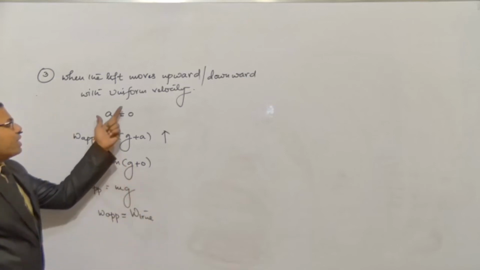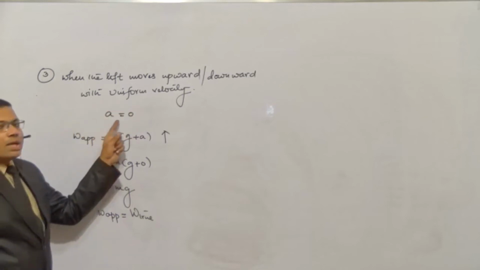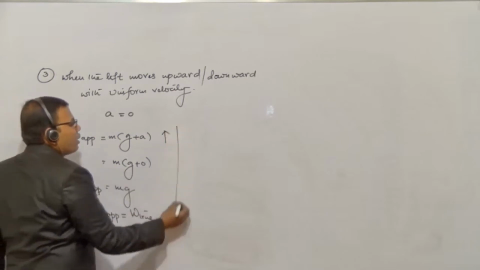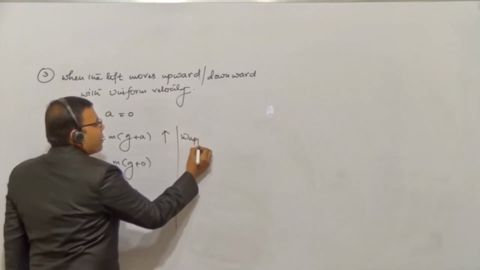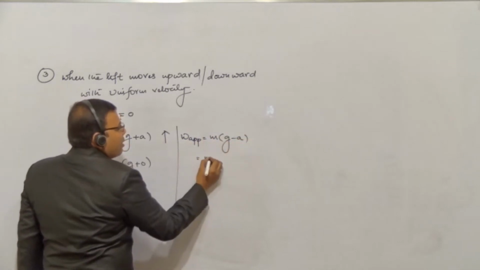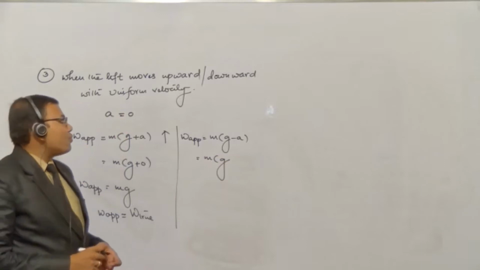Now let us see when the lift is moving down with uniform velocity, that is, acceleration is again 0. So the apparent weight is equal to m into g minus a. What is the acceleration when the lift is moving with uniform velocity?